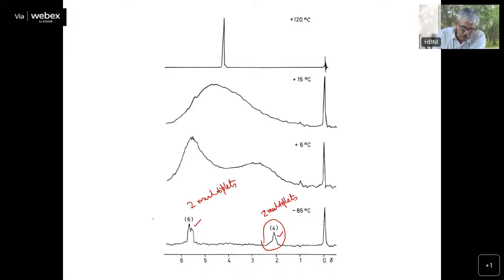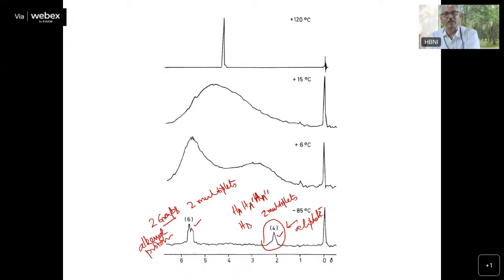So 2 groups of protons are here, mostly with chemical shift between 5 to 6, where the alkenyl protons will be. And here you will see the aliphatic protons, mostly HD and HA prime, HA double prime, the cyclopropyl protons.